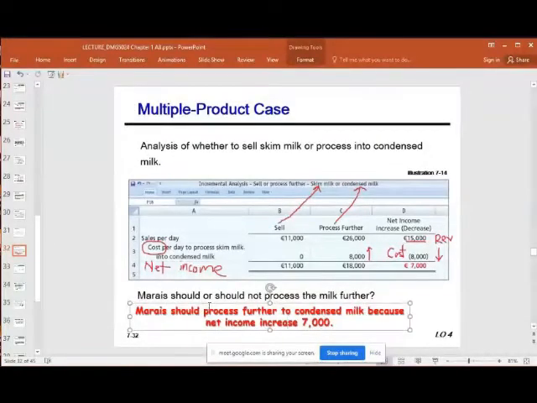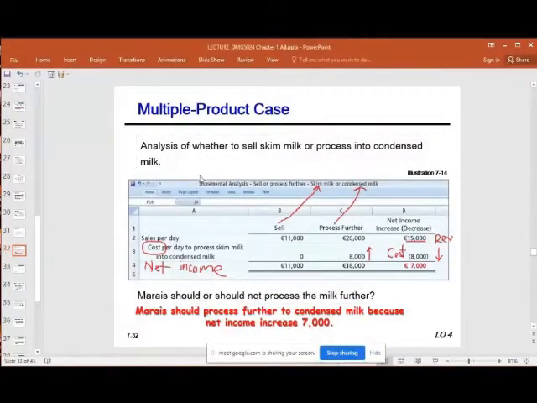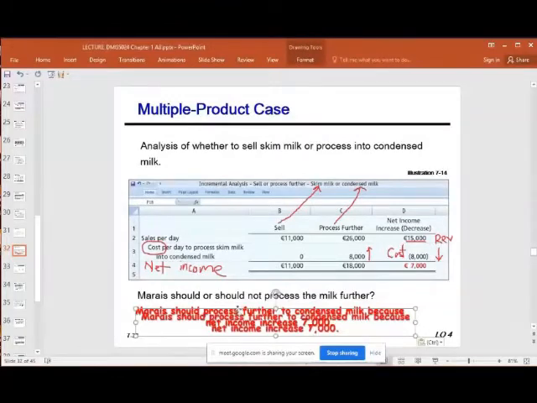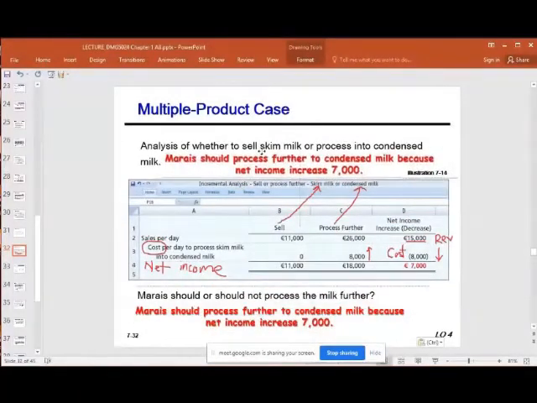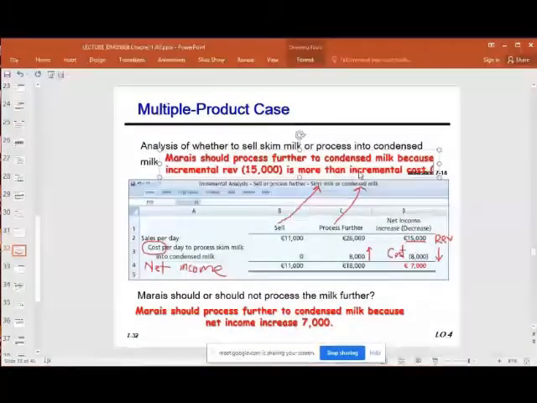Let me copy this and let me give you another example. Let me put it at the top, not enough space. So you can also put Maria's should process further to condensed milk because incremental revenue, which is 15,000, is more than incremental cost, which is 8,000.